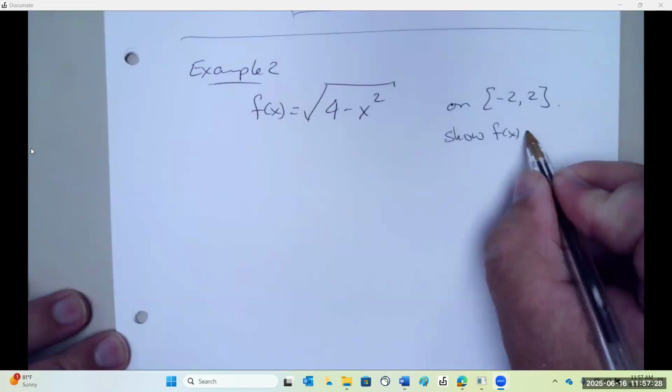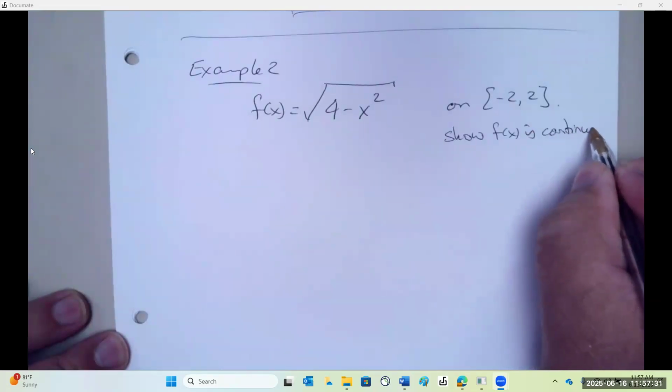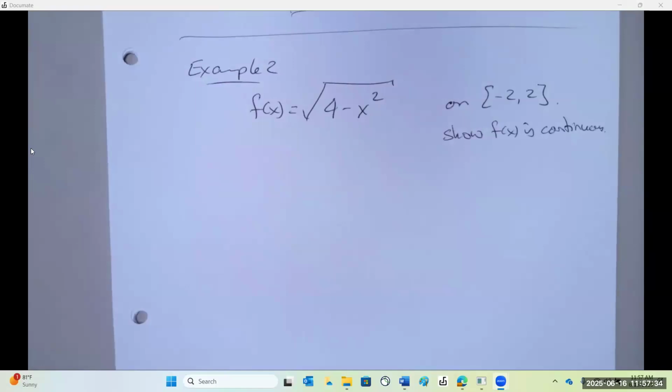Show f of x is continuous. What do you have to prove? What do you have to show to be continuous? What are the only critical points you have to examine?